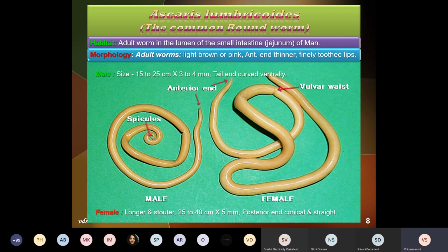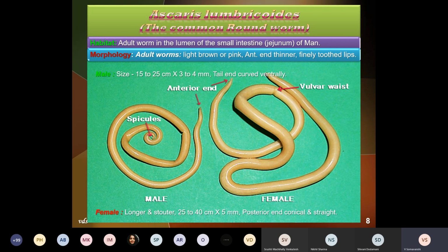The most important thing about nematode parasites, particularly intestinal nematodes, is that for the completion of the life cycle, only one host is required. No second host is present in the life cycle of these parasites. So the life cycle becomes much easier to understand because there is no confusion about the host. Whichever host it is, it is the definitive host. Both stages in the life cycle, the adult worm as well as the larval form, are present in the same host.